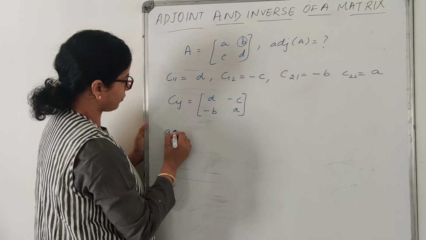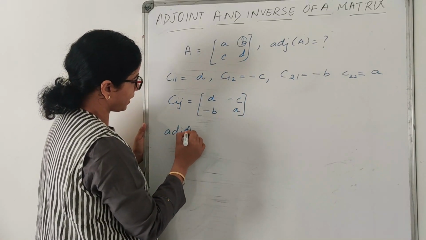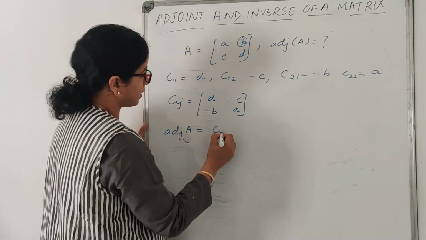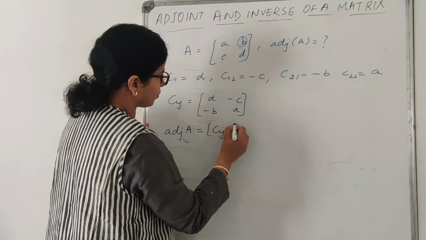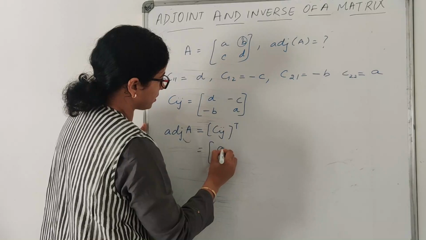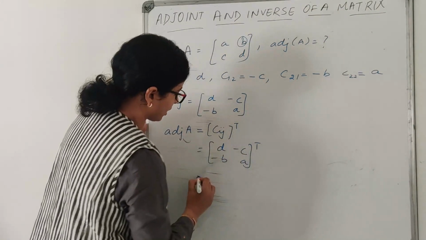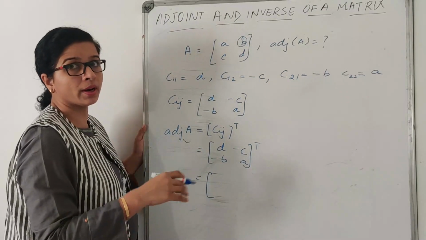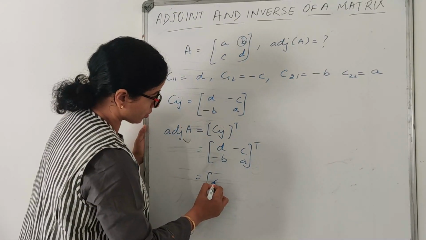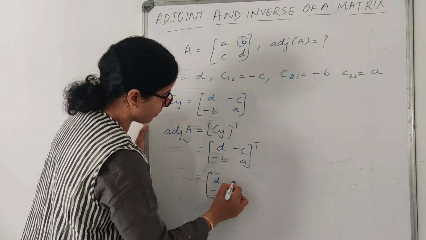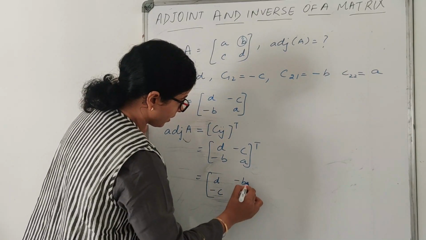The adjoint of A is Cij transpose, which is the transpose of this matrix. Transpose means rows become columns and columns become rows, giving d, minus b, minus c, a.